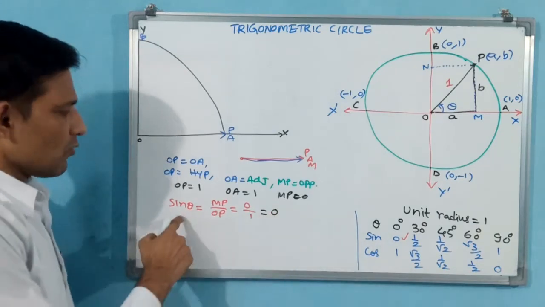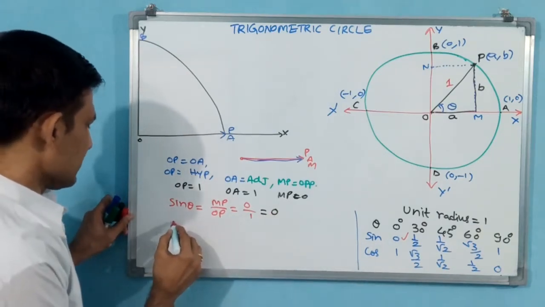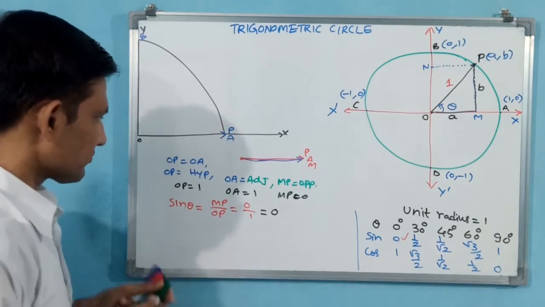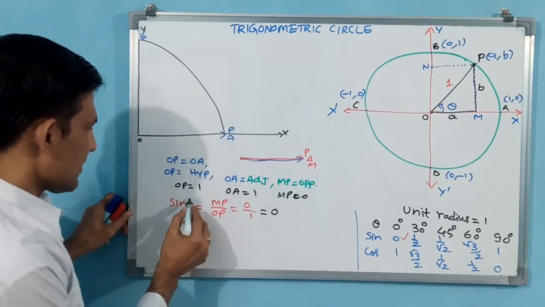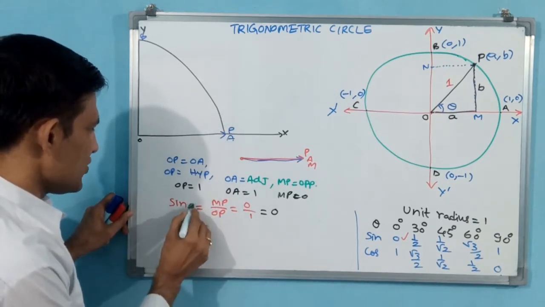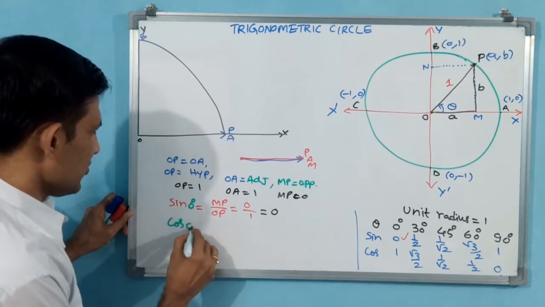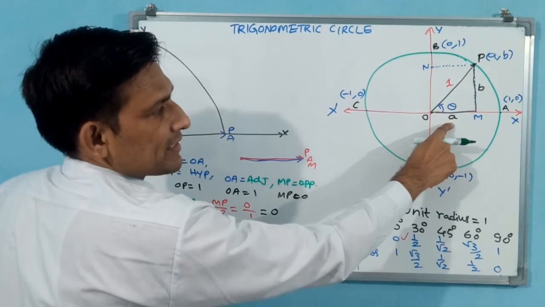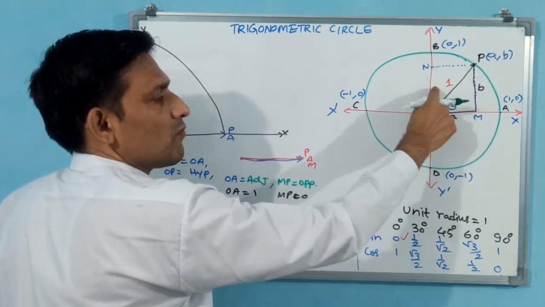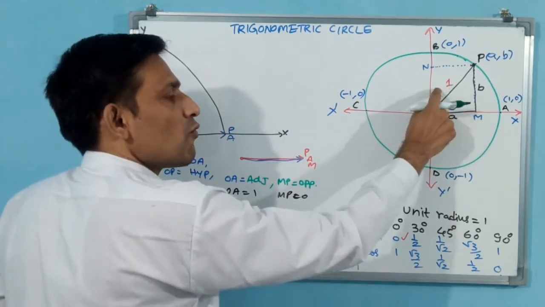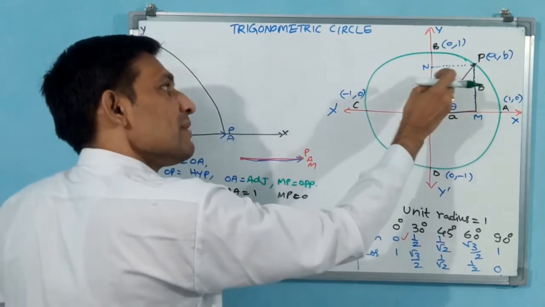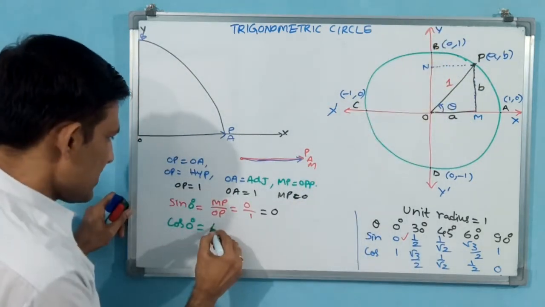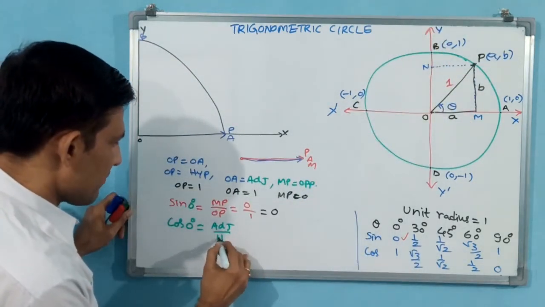Now cos also we will see. Cos theta. Sine theta means here sine 0, I can say sine 0 degree. Cos 0 degree. Cos 0 means see here how much? OM by OP. Adjacent side by hypotenuse. You write adjacent side by hypotenuse.